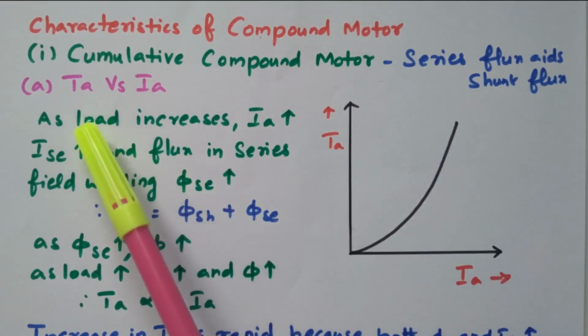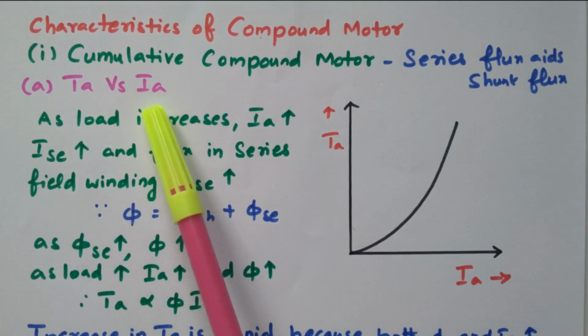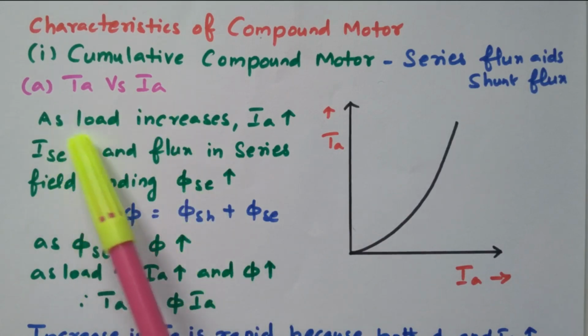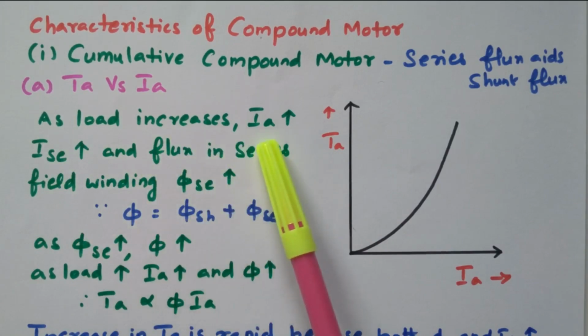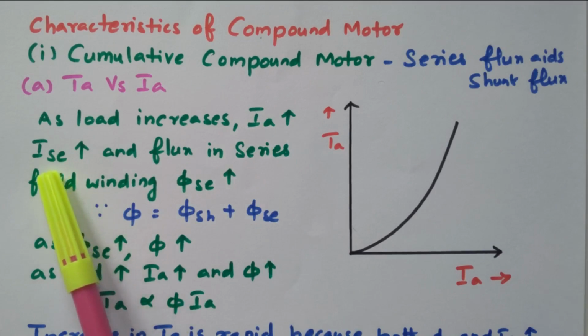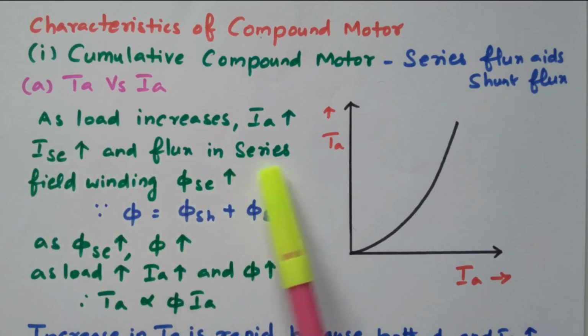In that, first we will see the armature torque versus armature current, TA versus IA. As the load increases, the armature current will increase, so the series field current also increases because all are connected in series, and the flux in the series field winding also increases.